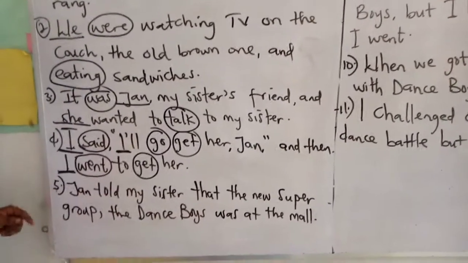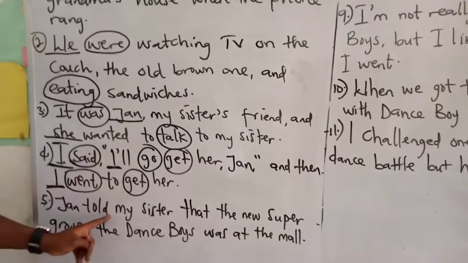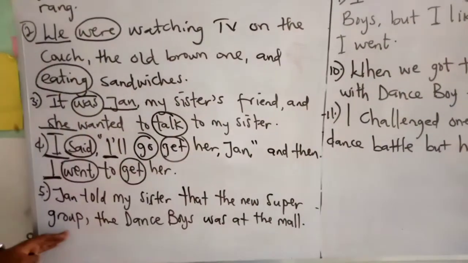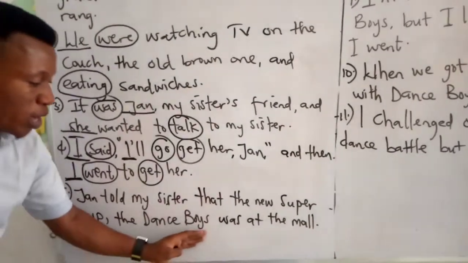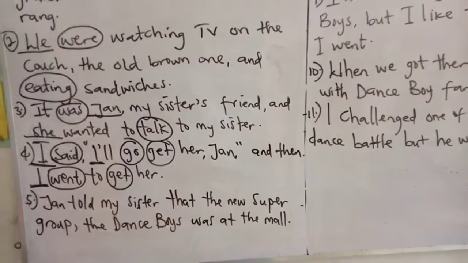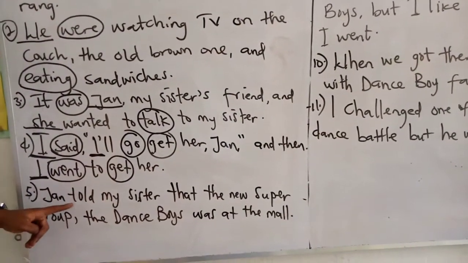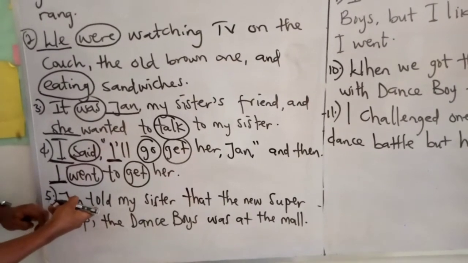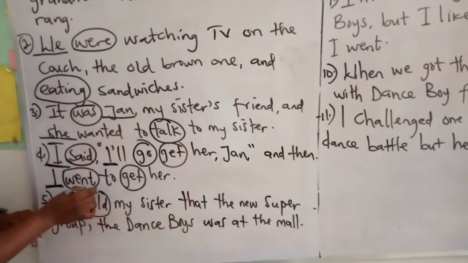Alright, number 5. Jan told my sister that the new super group, the Dance Boys, was at the mall. Jan, subject, remember? Told, predicate.